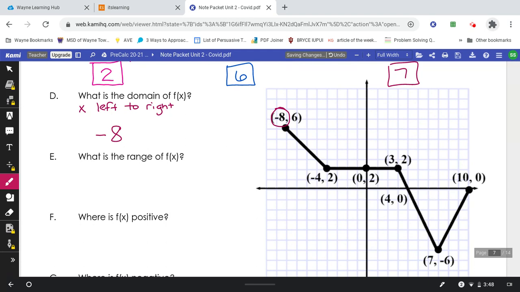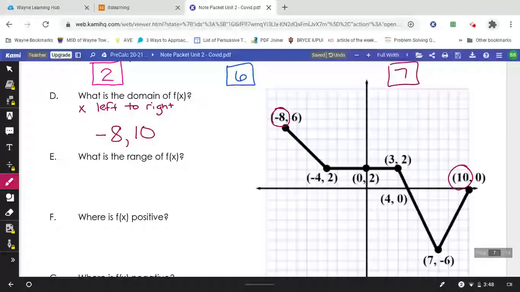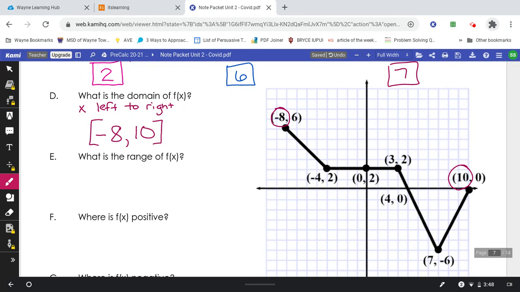And all the way along the graph, the largest one I see is +10. I'm going to write it in interval notation, which means I'm going to put a comma in the middle. And I'm going to use brackets around the outsides. For a domain, I always want to use brackets, at least for all the problems that we're going to work on in class.